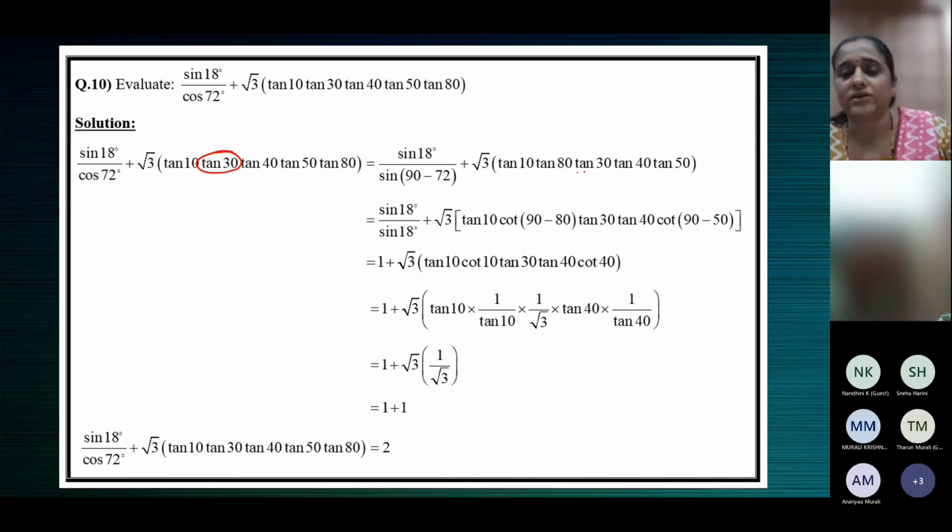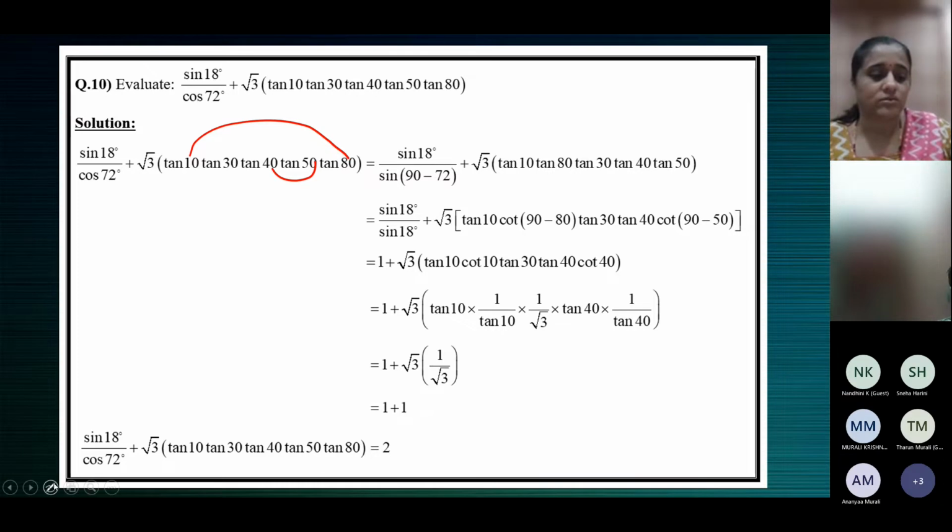Only tan 30 you can get the value from the table. Now, how do you group the remaining ratios? You must group such that the angles are complementary. So you can group 10 and 80 because 10 plus 80 is 90. And you can group 40 and 50 because 40 plus 50 is 90 degrees.